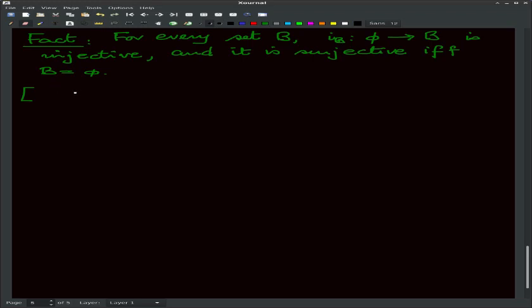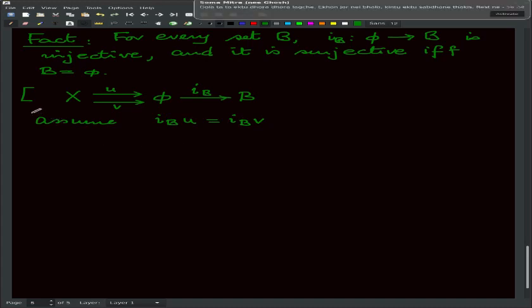So you need to have some set, say X, and u and v are maps from X to the empty set.